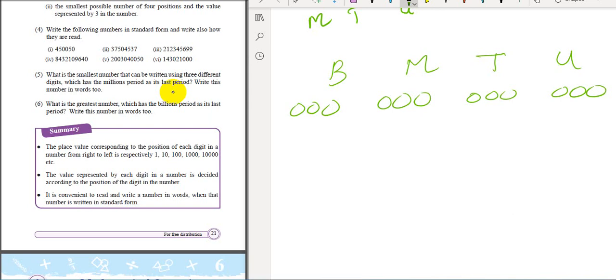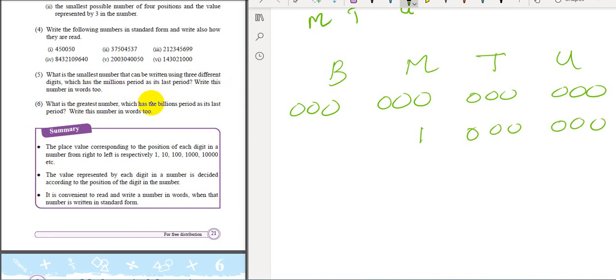Smallest number that can be written using 3 different digits which has this millions period as its last period. The smallest number is 1 million.